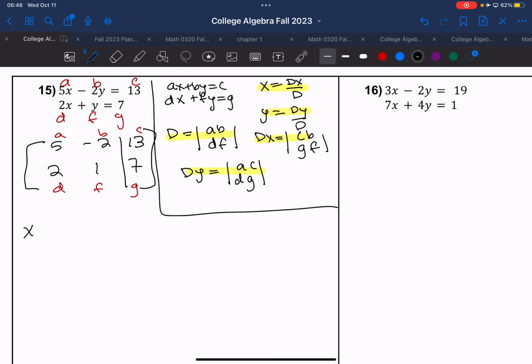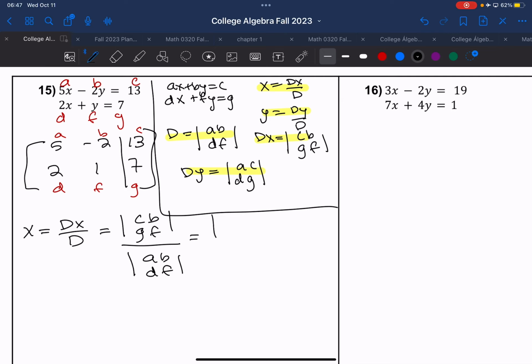So we know x is the determinant x over the determinant of the problem. We have the formula for determinant of x. We know that the determinant of x is C, B, G, F, and the determinant D is A, B, D, F. We have all of our numbers labeled, so we're just going to plug them in.